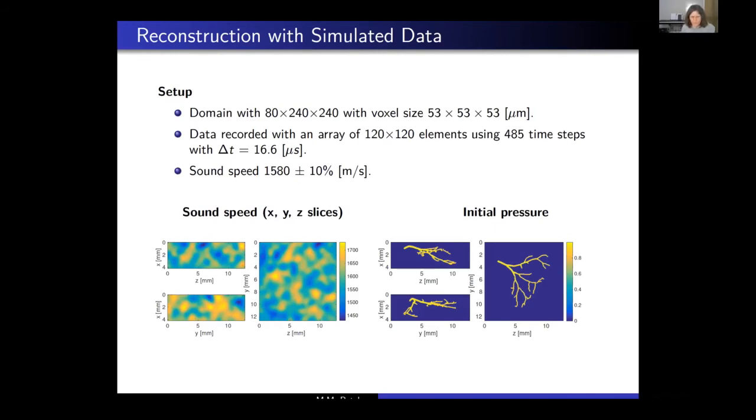This has to do with the penetration of light. We generate a sound speed that is 1580 meters per second plus or minus 10% variation, which would be a representative value for soft tissue. This is a very non-representative, potentially smoothly generated sound speed variation.